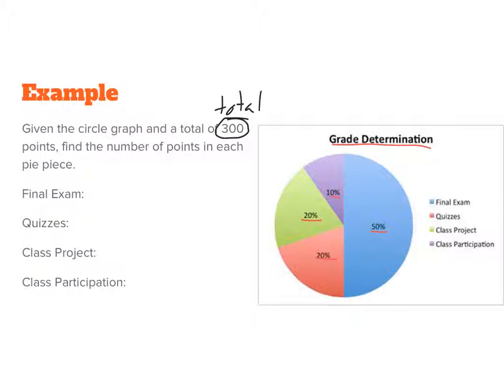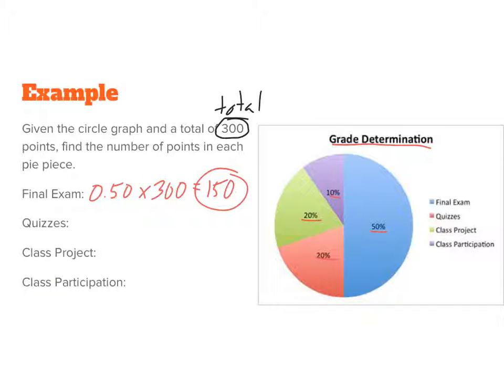So to start out with, for the final exam, it starts out at 50%. Well, 50% as a decimal is 0.50. So we're going to take that decimal and multiply it by the total of 300. And that answer is going to tell us how many points are towards the final exam, which is 150.